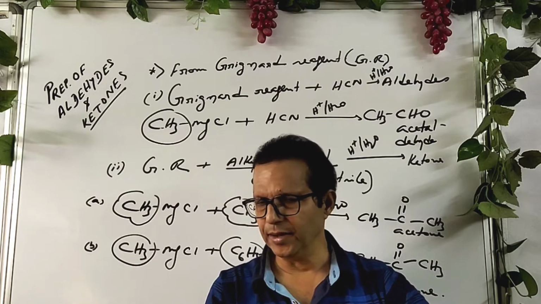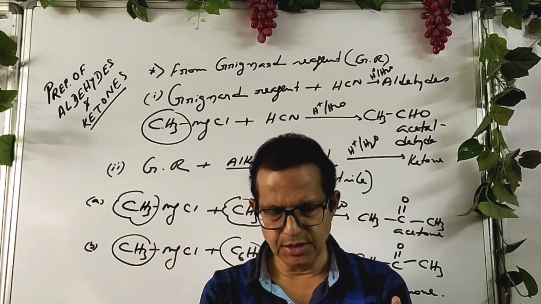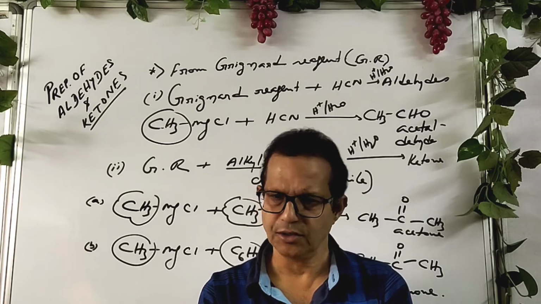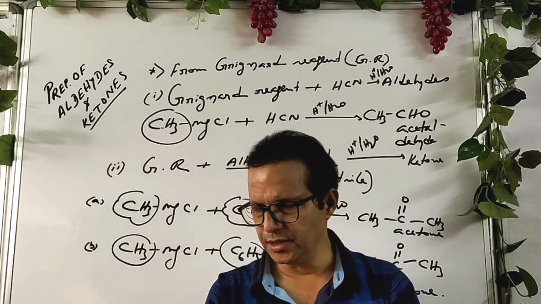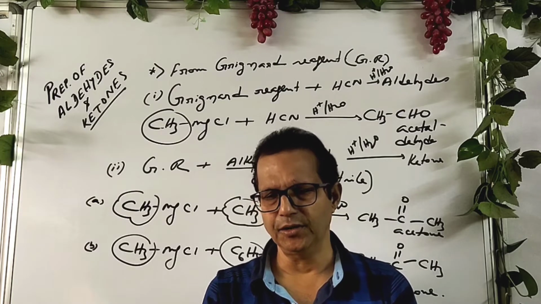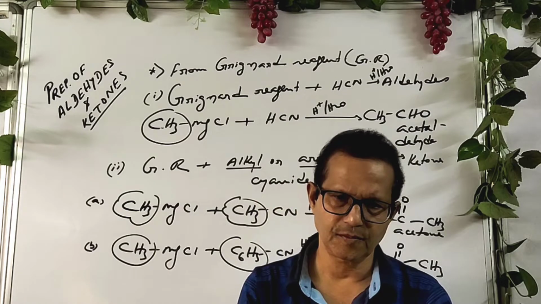There are two types of alkynes. One is symmetrical, in which the triple bonded carbon atom contains same number of hydrogens or groups. One is unsymmetrical, in which the triple bonded carbon atom contains different numbers of hydrogens.